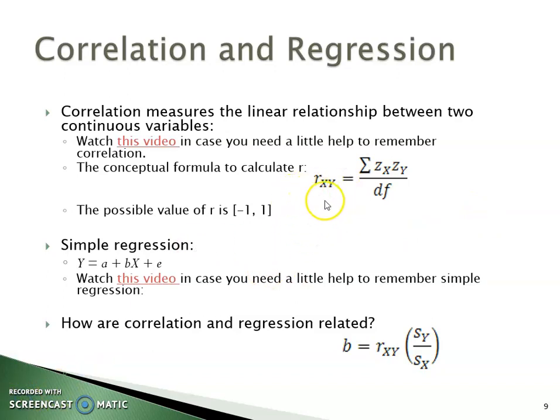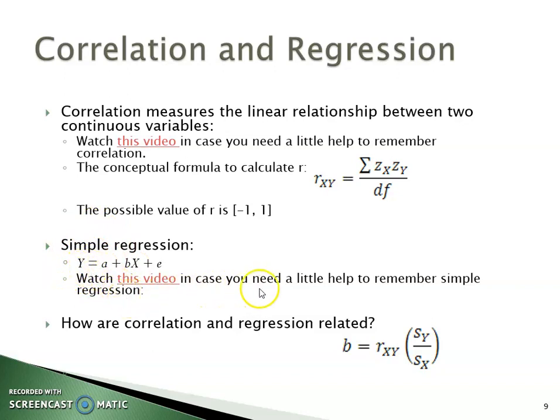When there is a correlation between two variables, you actually can take a step further to do regression. One variable will serve as the independent variable. The other variable will be your dependent variable.